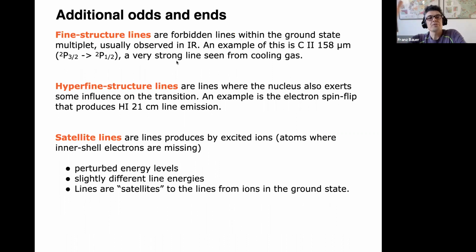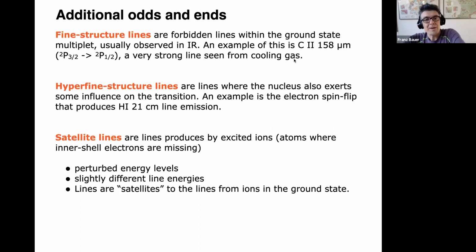So in addition to this, you can also have what we call fine structure lines, which are forbidden lines that are within the ground state multiplet. Typically this is the same ground state multiplet, but you go from the 2p3/2 to the 2p1/2. A good example of this is carbon II at 158 angstroms.